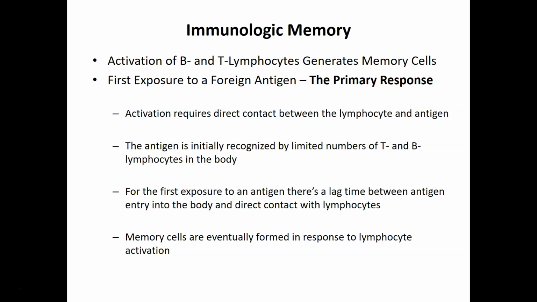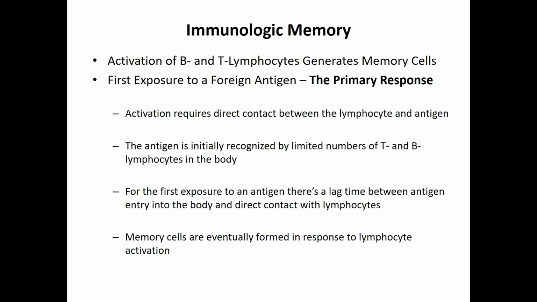So this will apply to all three of those types of lymphocytes. If activation occurs, there will be direct contact between the lymphocyte and the antigen, binding to the antigen. On your first exposure, there aren't going to be very many cells in your body which will have an antigen receptor capable of recognizing and binding to this foreign antigen.